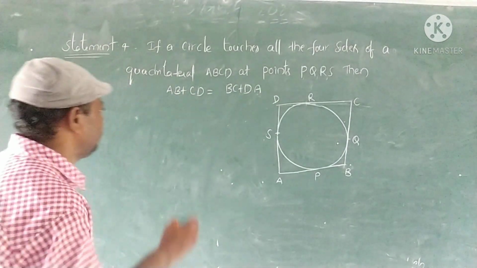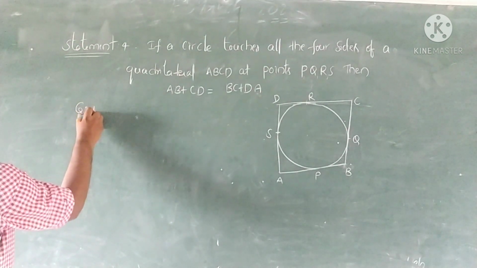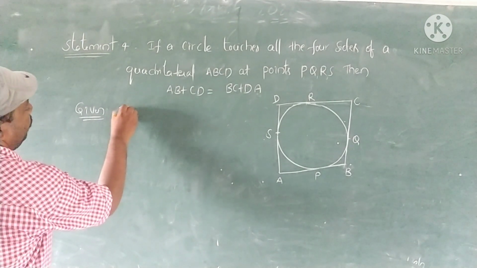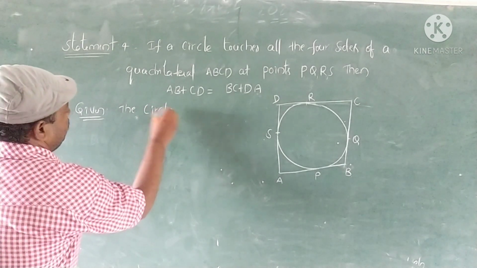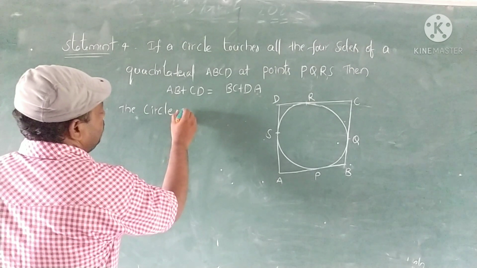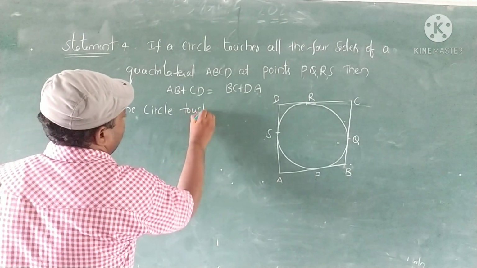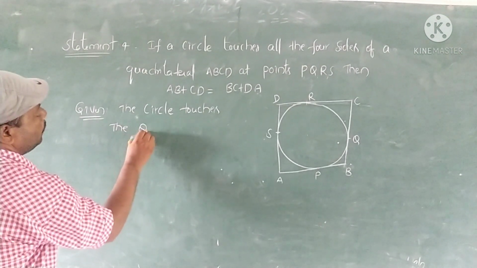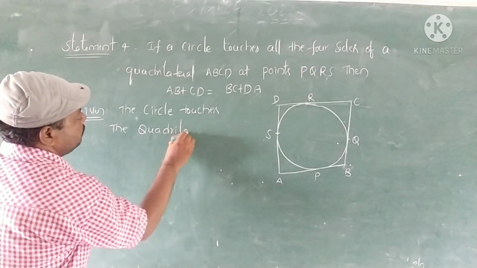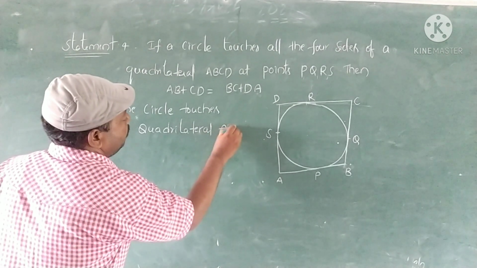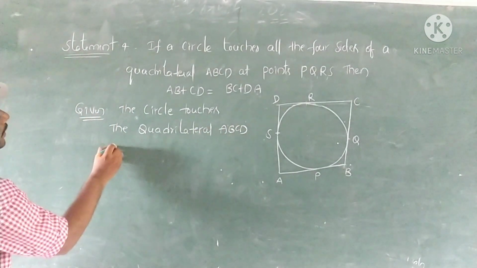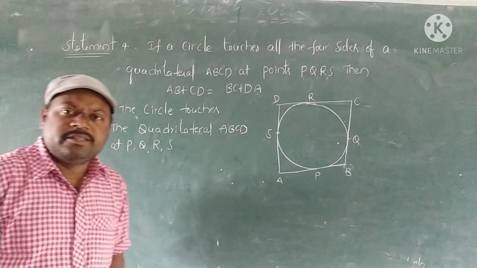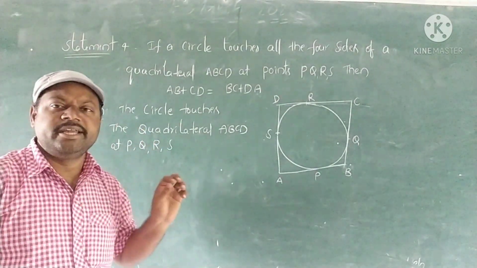Okay, so what is given? The circle touches the quadrilateral ABCD at P, Q, R, S. So the circle touches the ABCD quadrilateral.